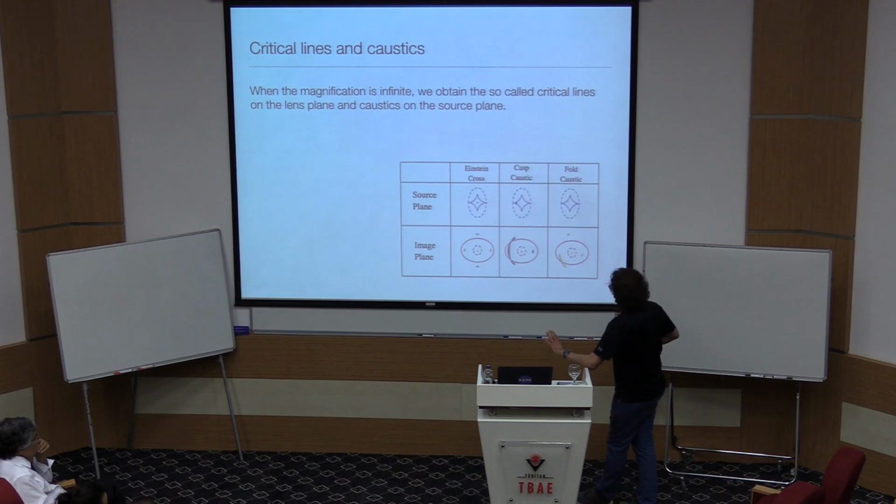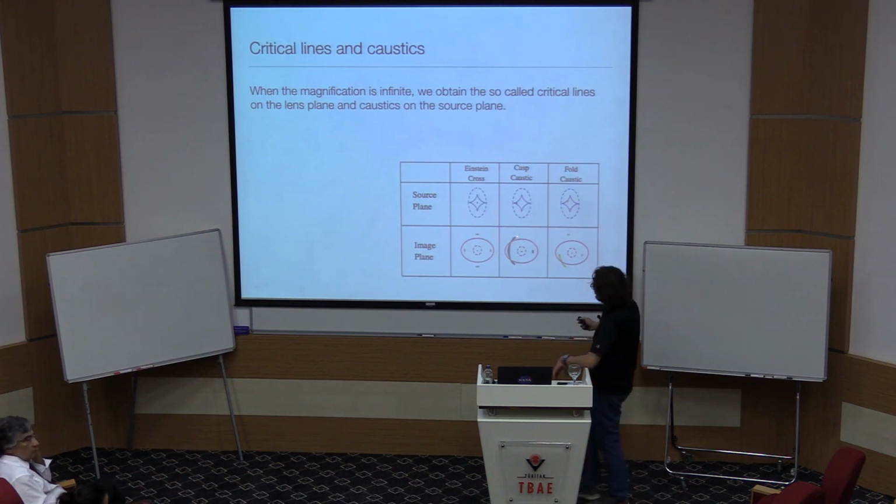However, I will just mention that this, and that, those 3 are separate images. They're not the same. So there's 1, 2, 3, 4, and 5 at the very center. There are 5 images. Similarly for the fold caustic, now you're very close to the fold here, and then you again have 5 images, but in a very different fashion.